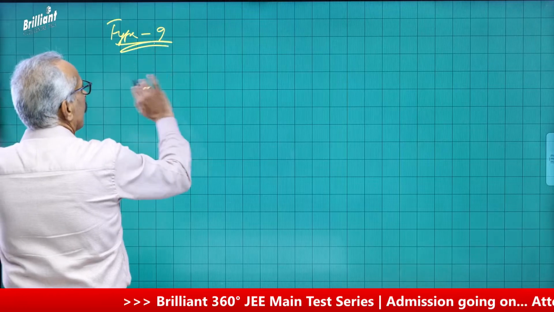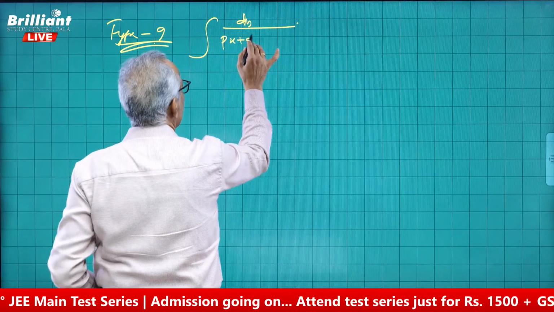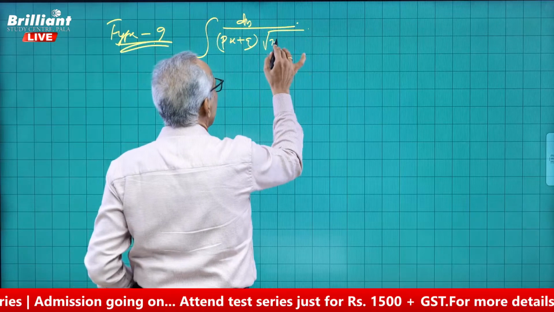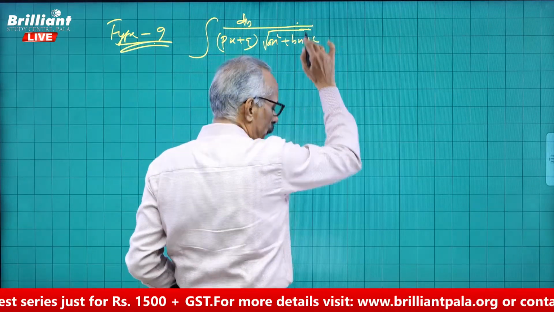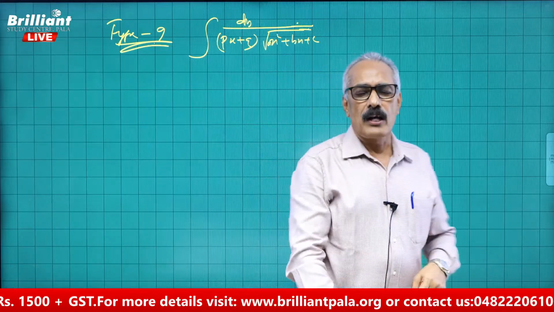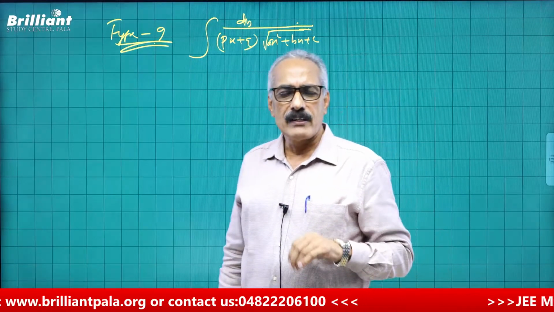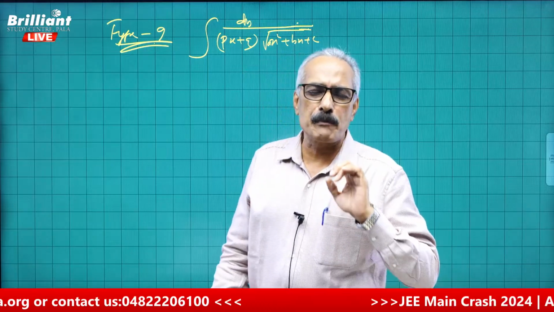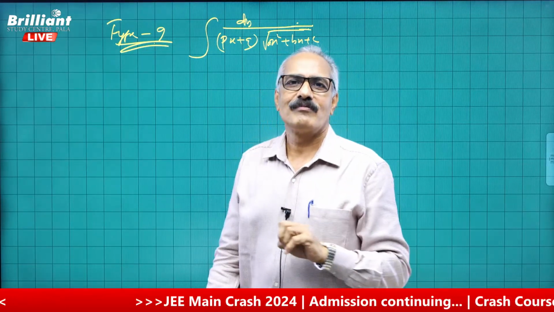Type number 9. That is integral dx divided by px plus q in the square root of ax square plus bx plus c. Tell me, how do you distinguish this type? So far in all the types until type 7, the first degree polynomial, that is px plus q, was in the numerator.